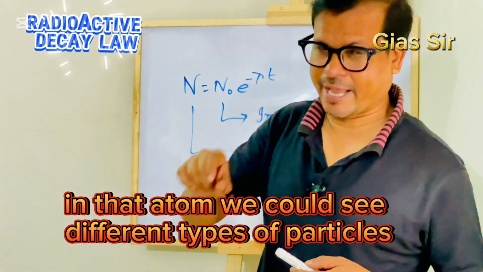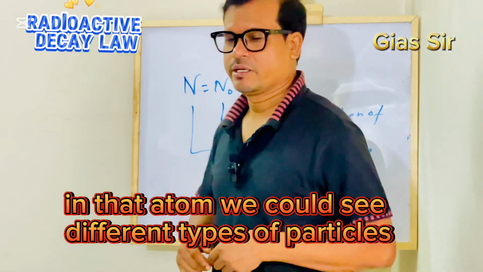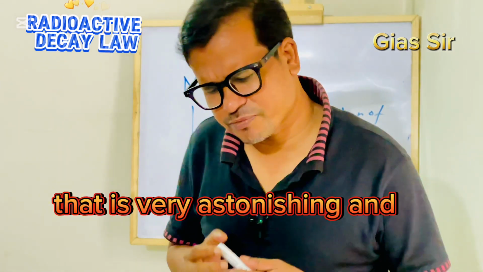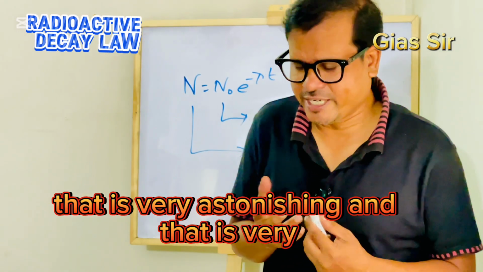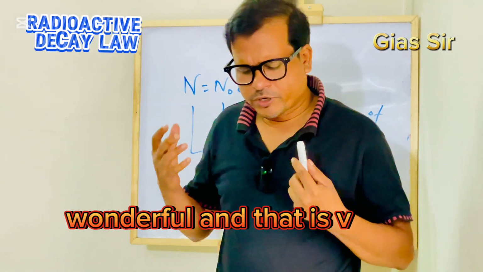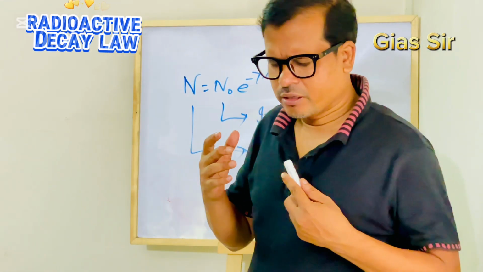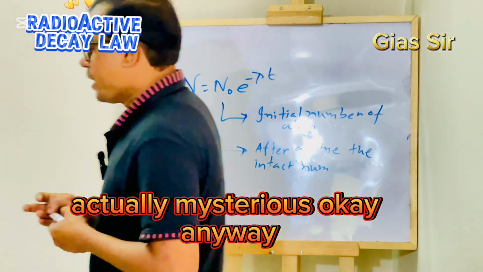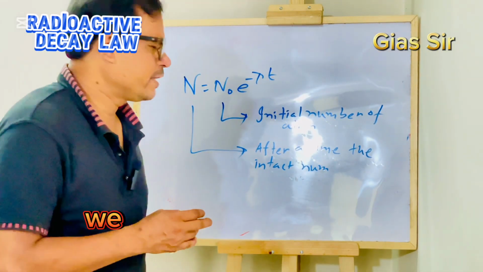Moreover, in that atom we could see different types of particles. That is very astonishing, wonderful, and mysterious. Okay. Anyway, N equals N naught e to the power minus lambda t.